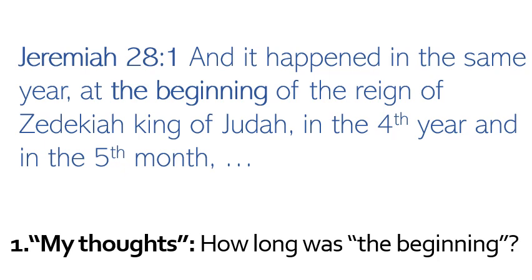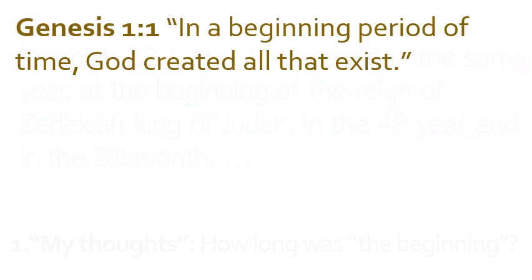And so, how long do you think the beginning was? I believe according to verse 1, I would translate the first verse thematically as in a beginning period of time.